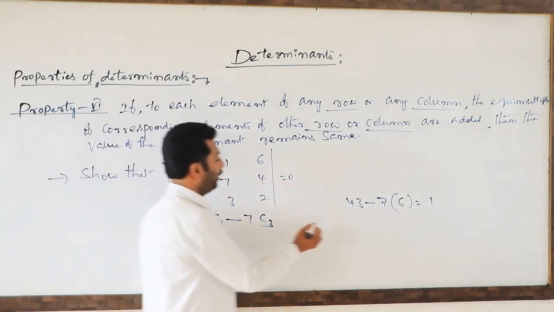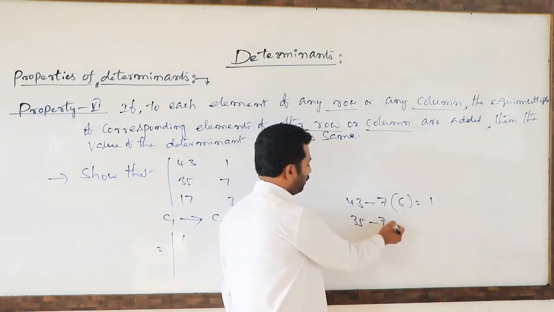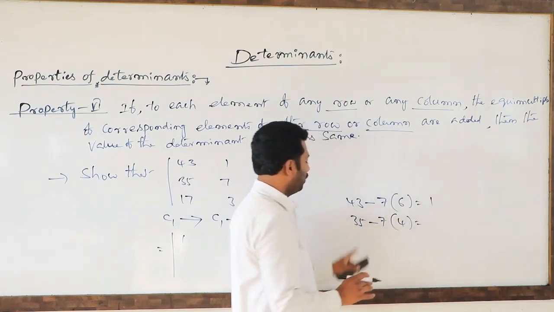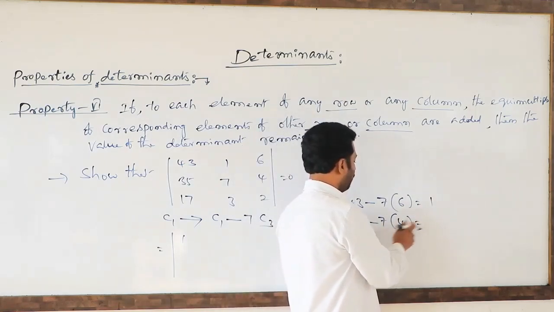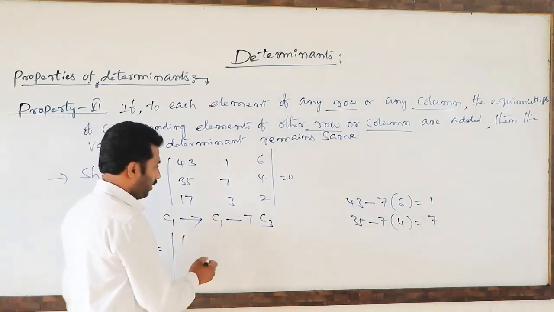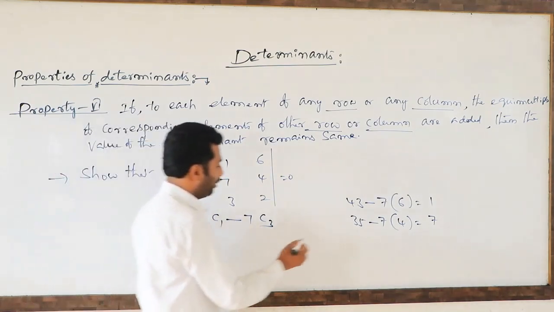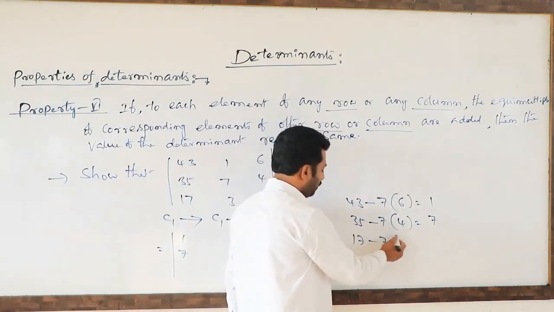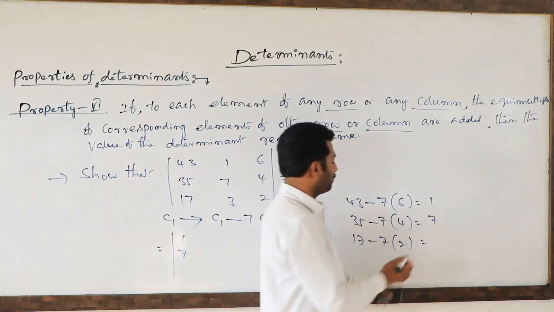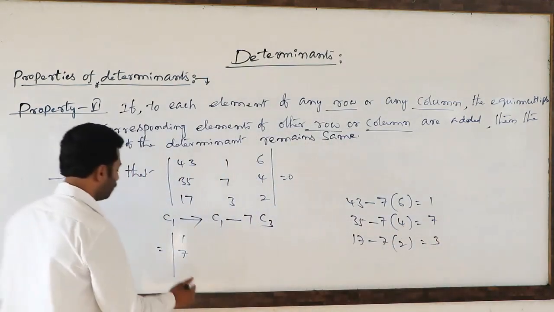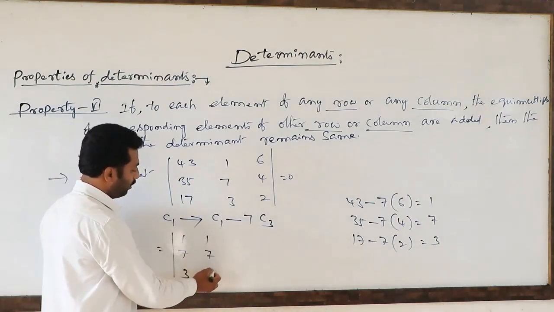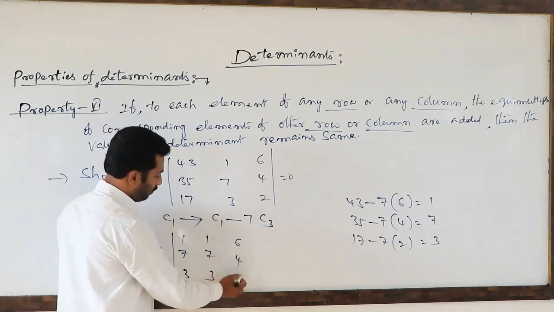Second element: 35 minus 7 times 4, which is 35 minus 28, that is 7. Third element: 17 minus 7 times 2, so 17 minus 14, that is 3. No changes in the second and third columns: 1, 7, 3; 6, 4, 2 remain.